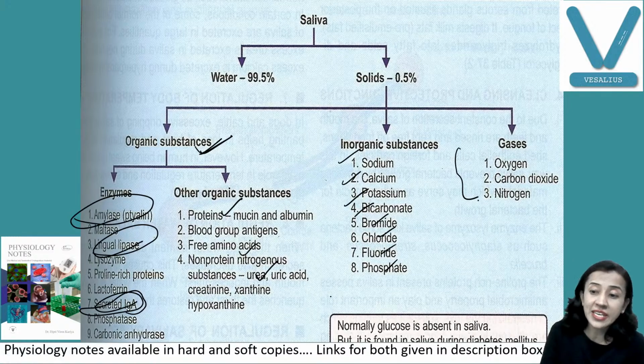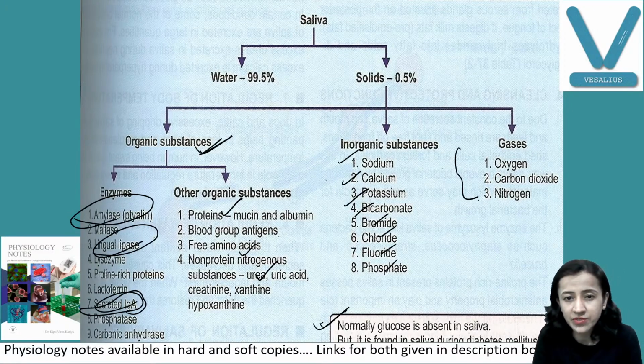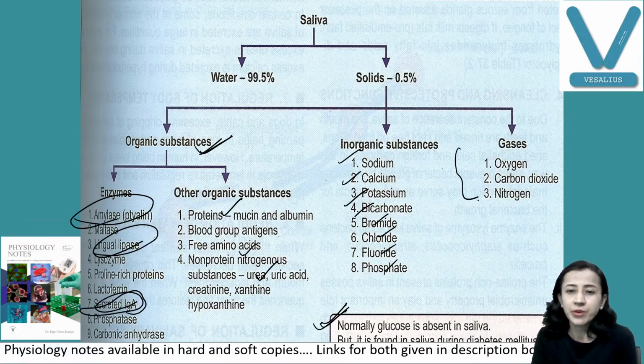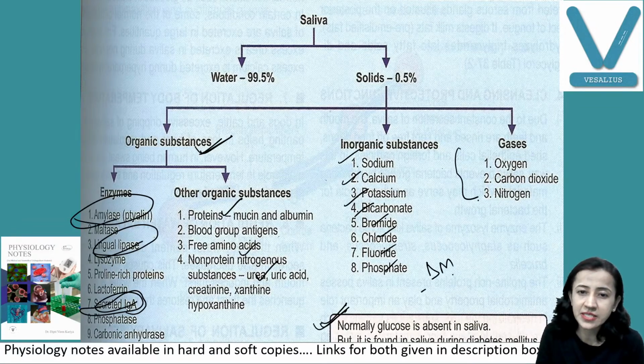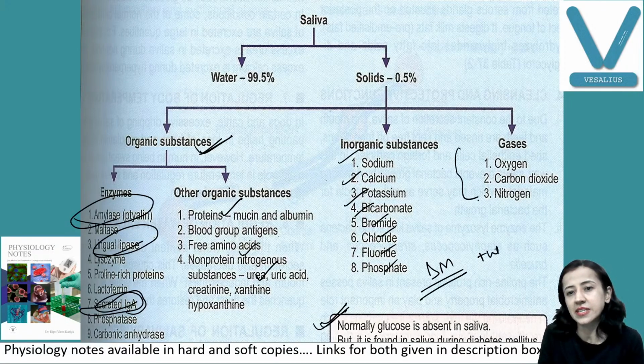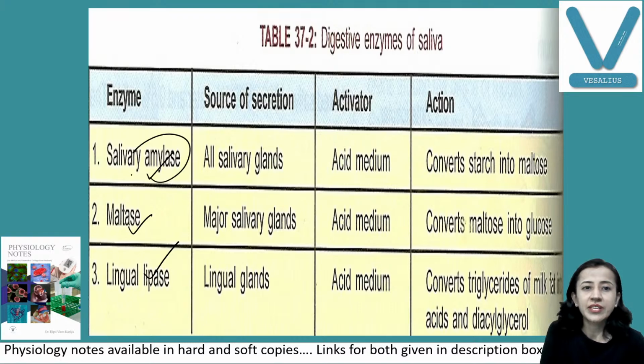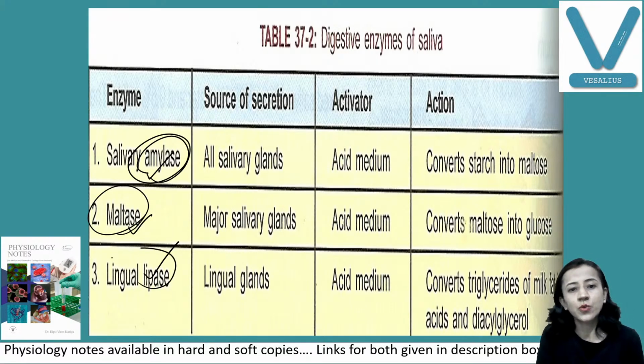Normally, this is an important point: glucose is absent in the saliva, but if the person has diabetes mellitus, glucose is present in the saliva. Again, these are the important enzymes in the saliva. Try to remember these three: salivary amylase, maltase and lingual lipase.